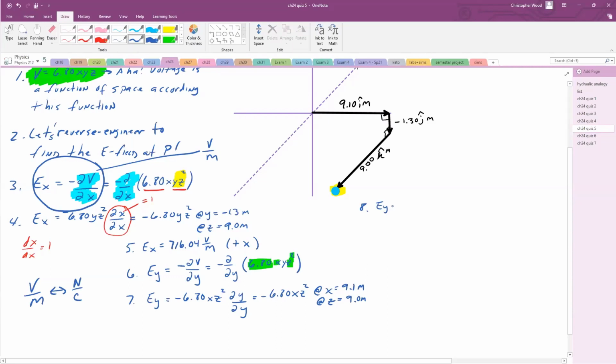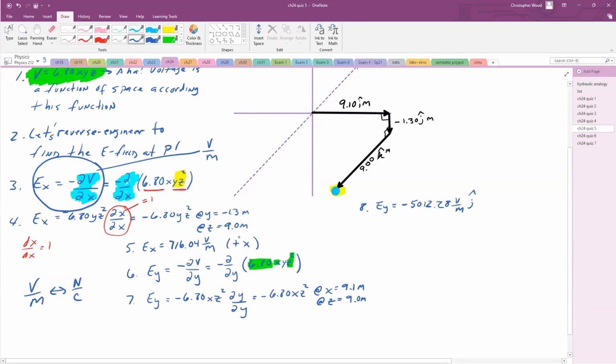Okay, so step 8, here's the y contribution. Here's the magnitude of the electric field in the y dimension. Negative 6.8 times 9.1 times 9 squared. Negative 5,012.28 volts per meter J hat.